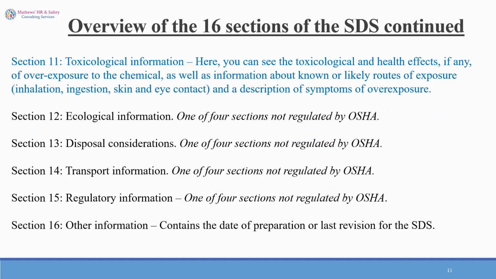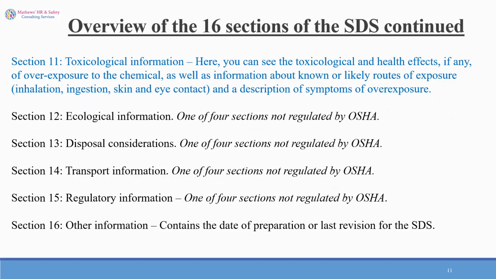Section 11 is really going to give us the information on what type of health effects, if any, of an overexposure to the chemical, as well as information about known or likely routes of exposure through inhalation, ingestion, skin and eye contact, and then a description of any symptoms of overexposure.